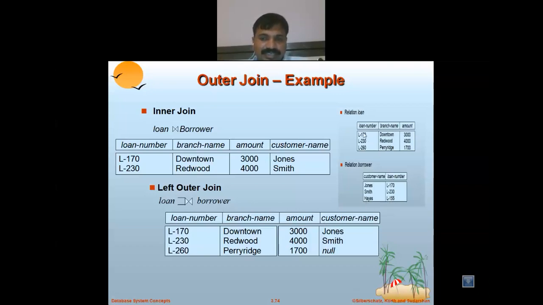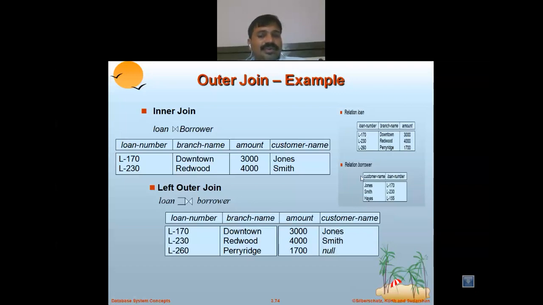So in this case I have tried 117, 213, 216 there, but that customer could not be found. In that case I want to find only the customer name of that person related to this borrower table. So that time it is not matched, so in that case the record will be displayed as null.